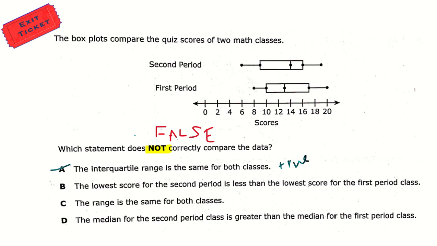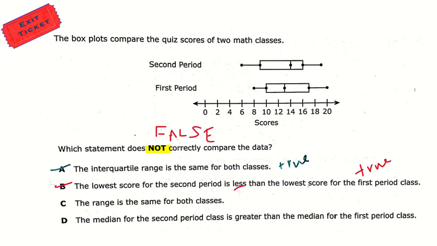Oh, there you go. I made an example of how you can misread. The lowest score for second period is a 6, compared to the lowest score for first period, which is an 8. And they're saying that the second period lowest score is less. Yeah, this is true. So we don't want this either. We still haven't found the false statement.